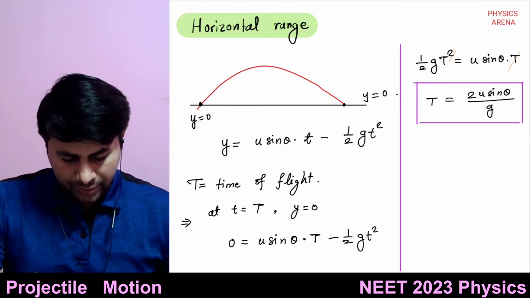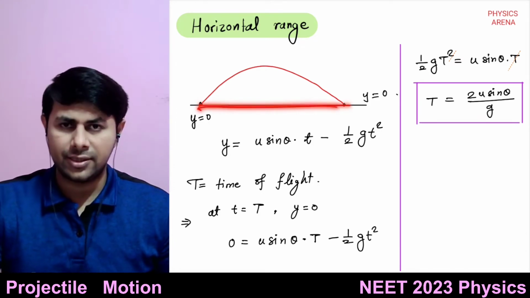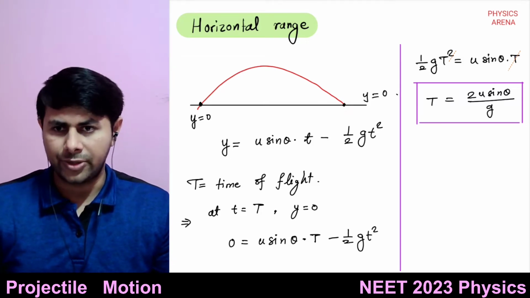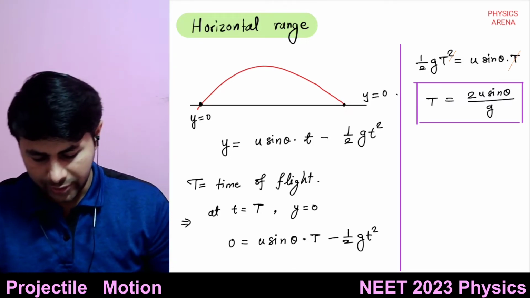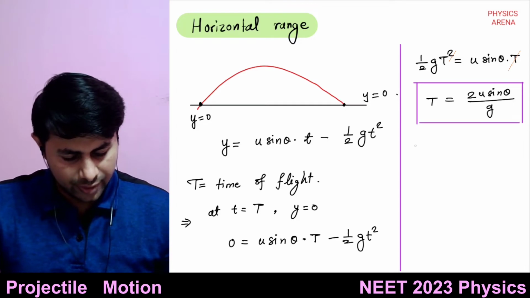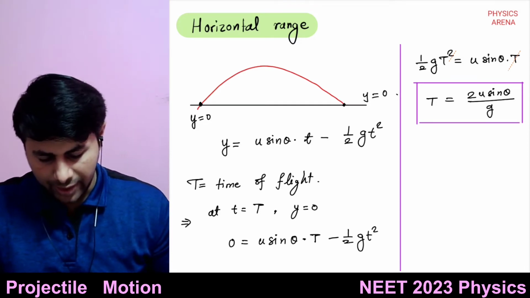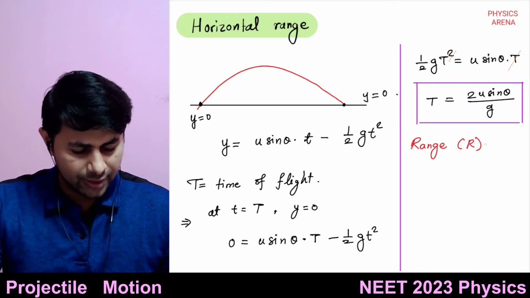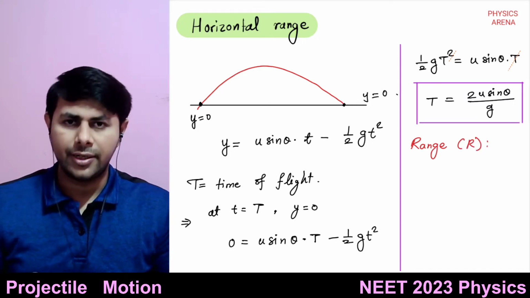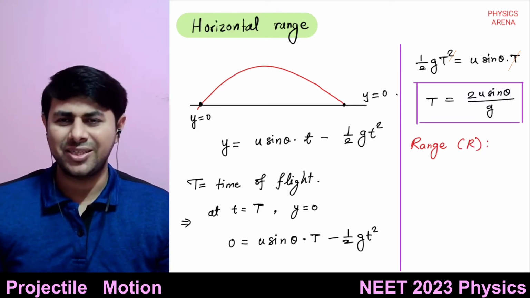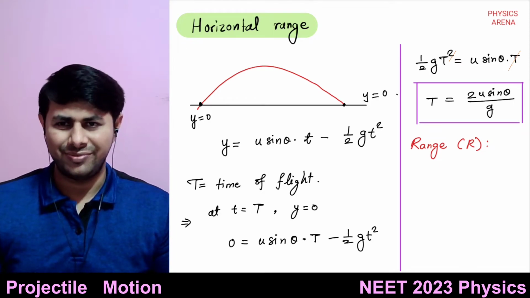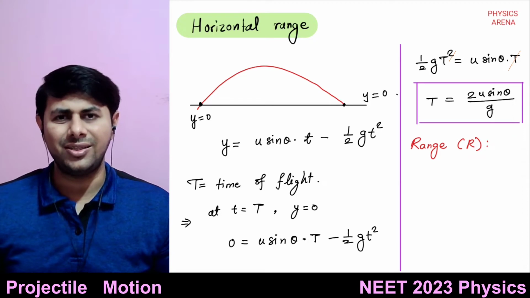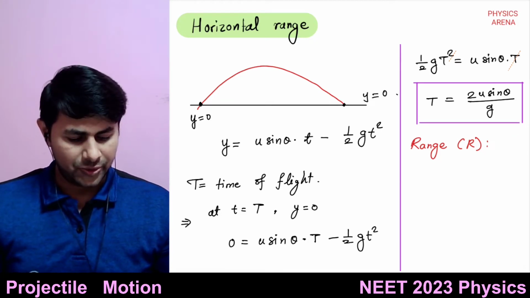So the distance covered in this time in the horizontal direction is known as the range of the projectile. The range of projectile is denoted by R. So range R will be equal to what? It is the horizontal distance covered by the projectile on the ground.